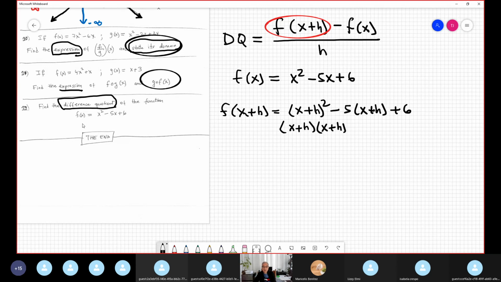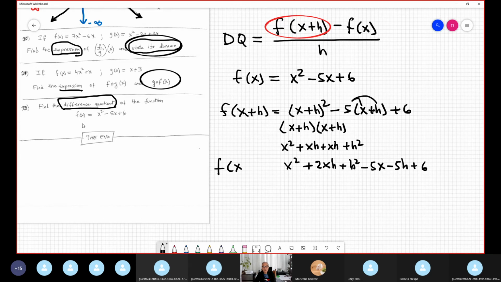Doing it quickly is x squared plus xh plus xh again, in this same order, plus h squared. X squared plus 2xh, because it's a twin brother, plus h squared. Now distribute here: minus 5x minus 5h plus 6. Okay, and that part represents the first part of the formula. It is this.